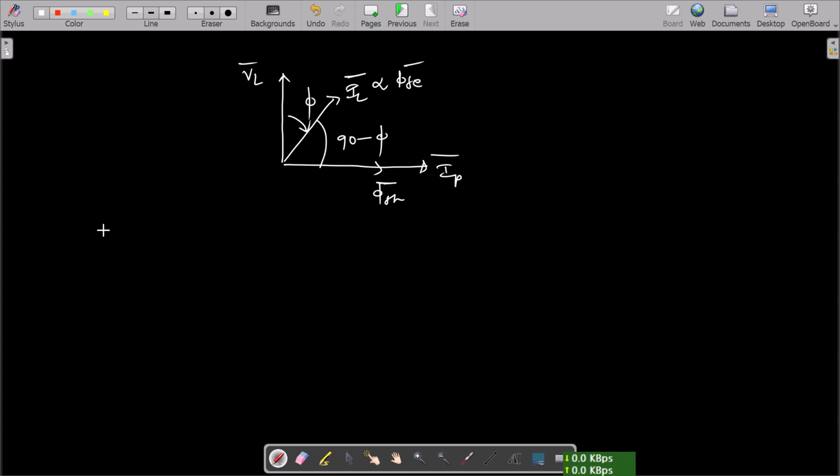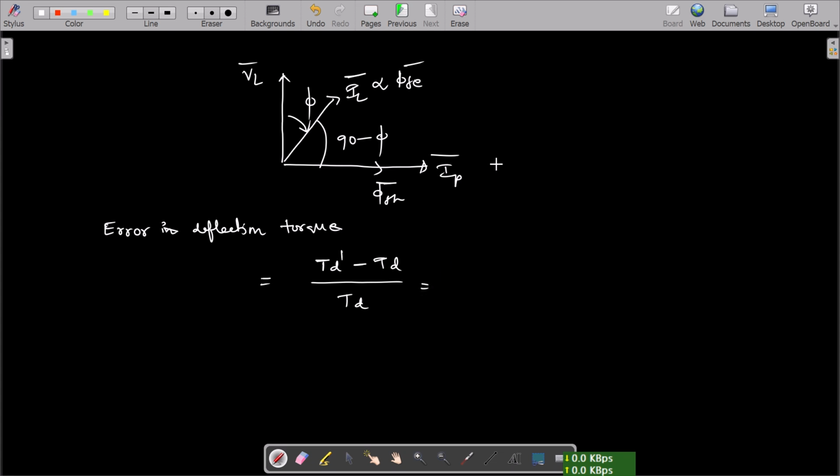Now the error in deflecting torque will be equal to TD dash minus TD divided by TD.